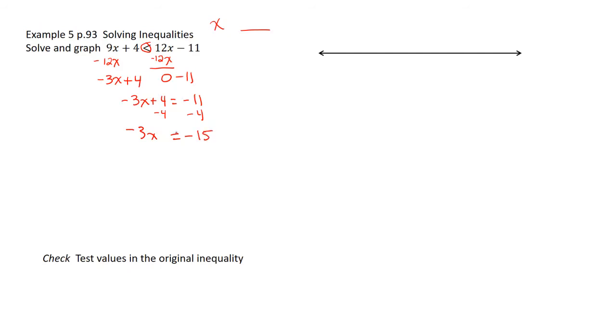But this is not an equal sign, this is actually a less than sign. We want our x to be by itself, but in order to do that, we're going to have to divide by negative 3 on both sides.